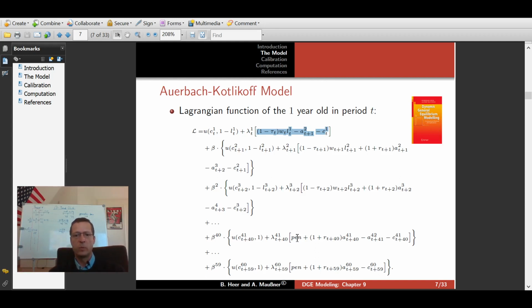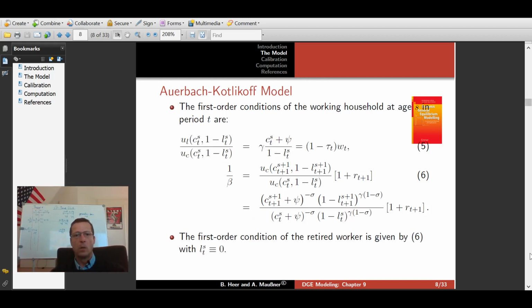And in old age, we do not get a labor income, but we receive a pension instead. And when we differentiate the Lagrangian function with respect to our optimal policies on consumption, labor supply, and savings, we get to the first order conditions.